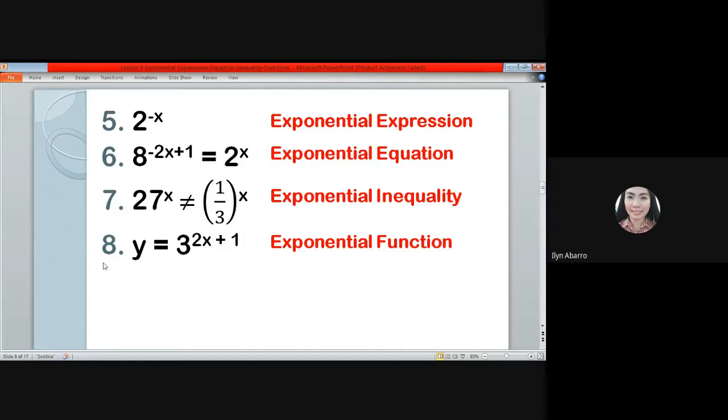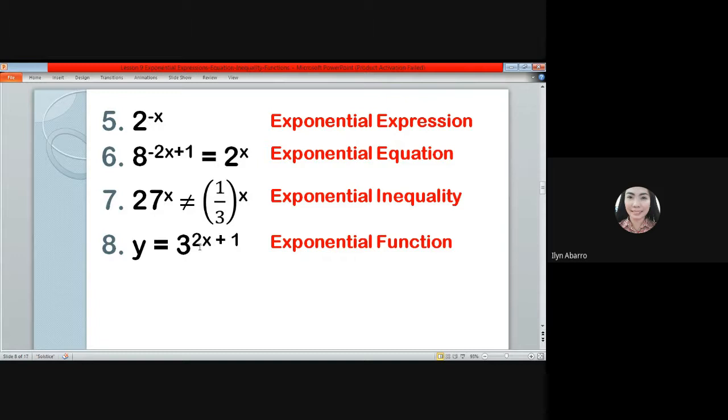Okay, number 8. Y equals 3 raised to 2x plus 1. We have y here, which denotes a function. So this is the range and this is the domain. Let us check if the domain is an exponential expression. 3 is greater than 0, the base 3, but not equal to 1.